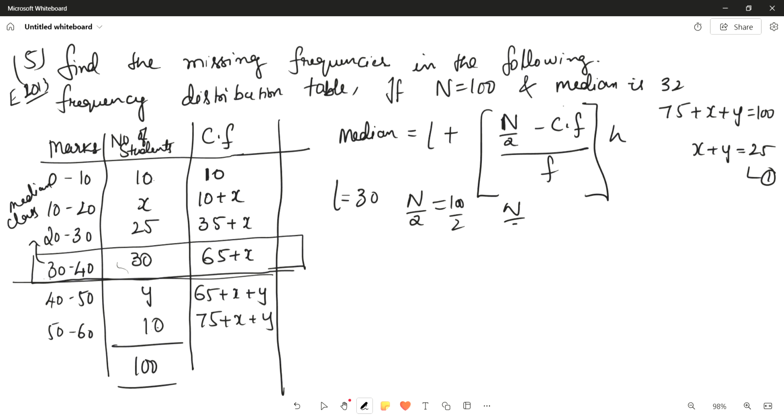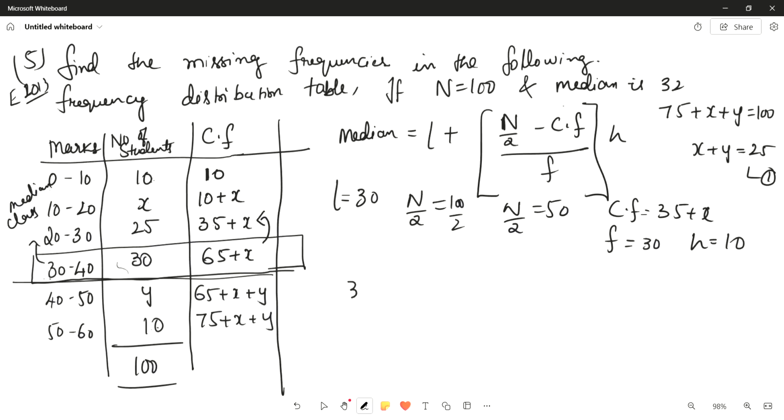So n by 2 is 50. CF will be, yeah, earlier than this, 35 plus x. And F is the frequency of the median class. So that is 30. And H is the class size, 10 minus 0. It is 10. Okay, now substitute.